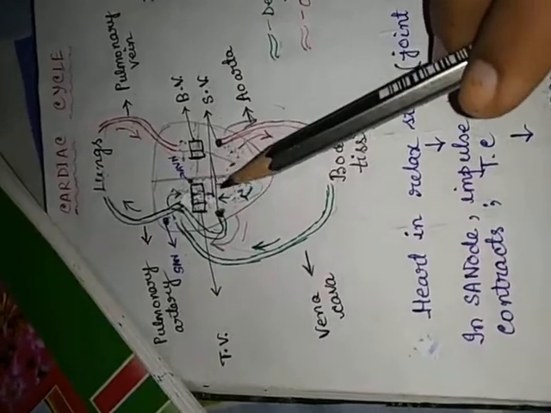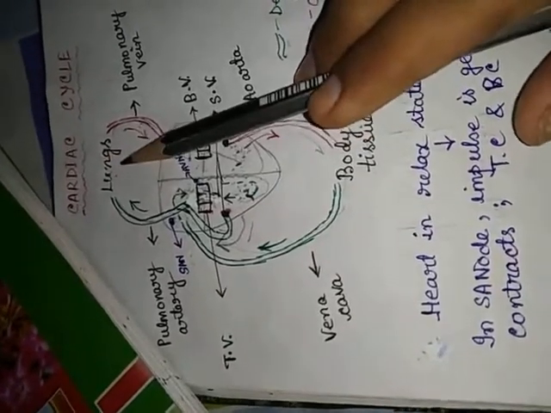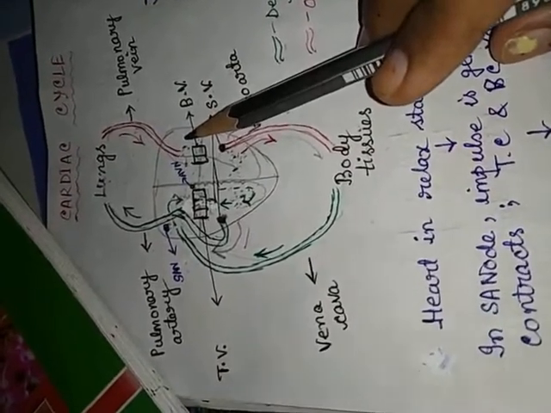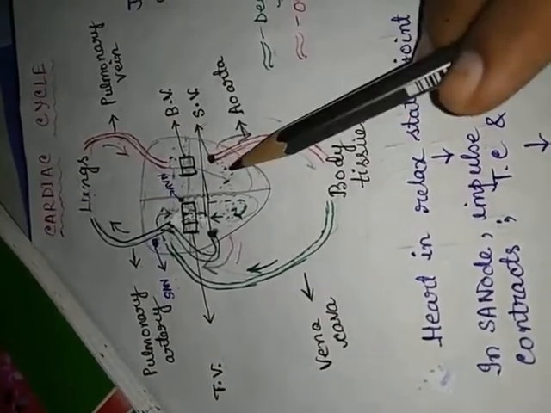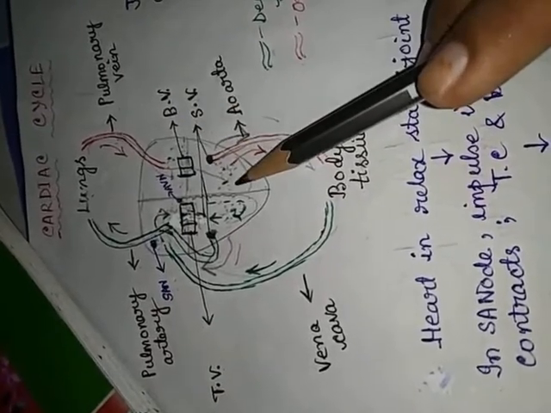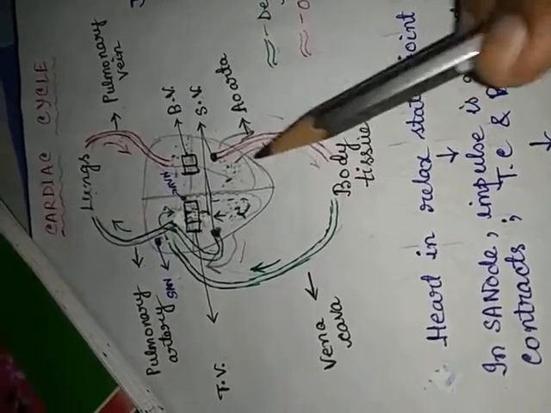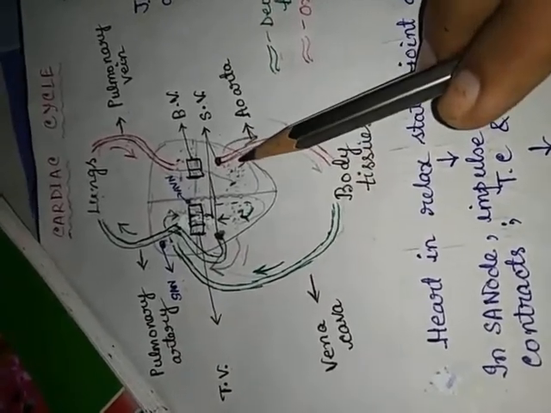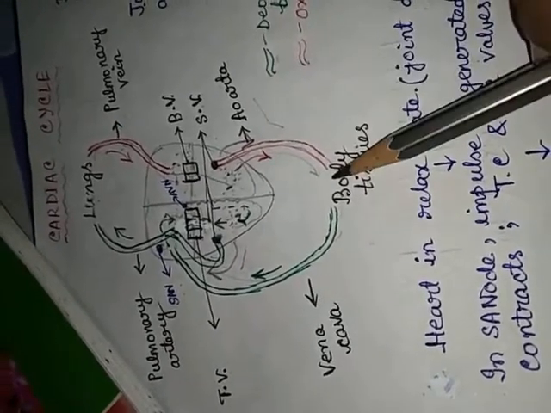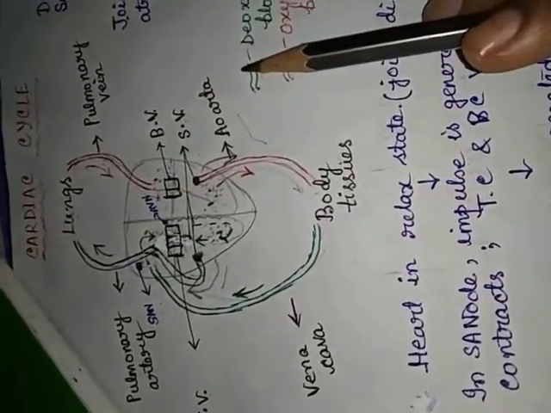From the right auricle it enters into the right ventricle, and from the right ventricle through the pulmonary artery it goes to the lungs, where the deoxygenated blood becomes oxygenated, and through the pulmonary vein enters into the left auricle, and from the left auricle the oxygenated blood enters into the left ventricle, and from the left ventricle through the aorta it enters into the body tissues, and again the oxygenated blood becomes deoxygenated and the pathway is repeated, and it is the double circulation.